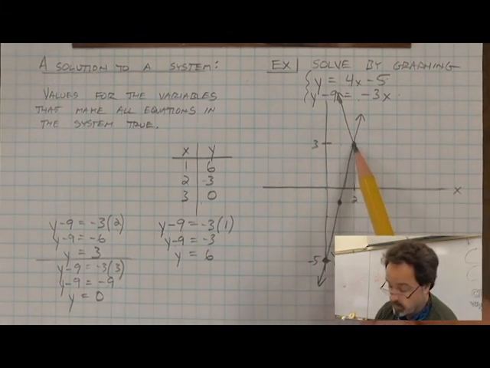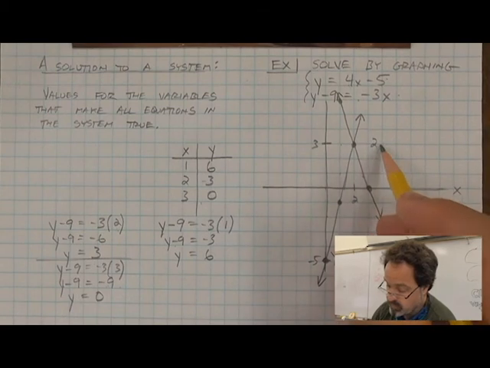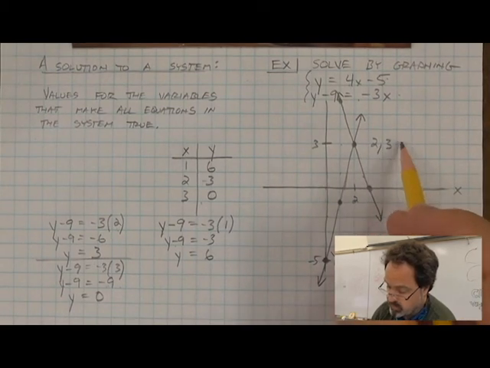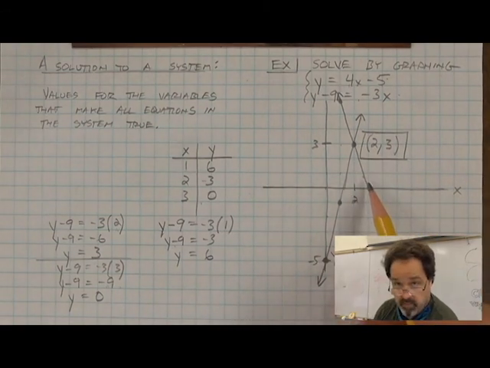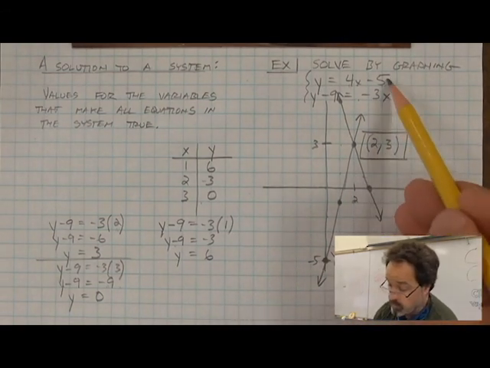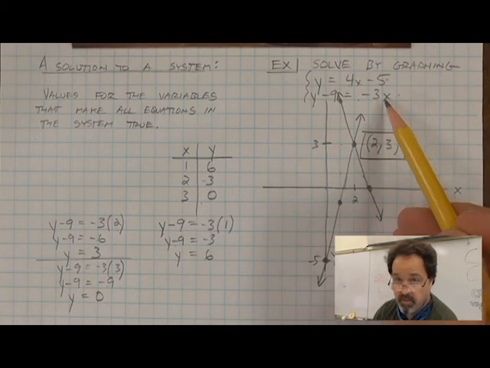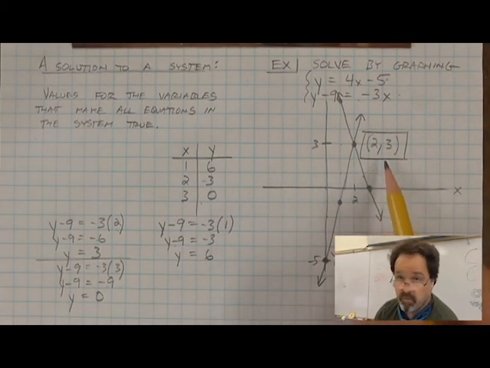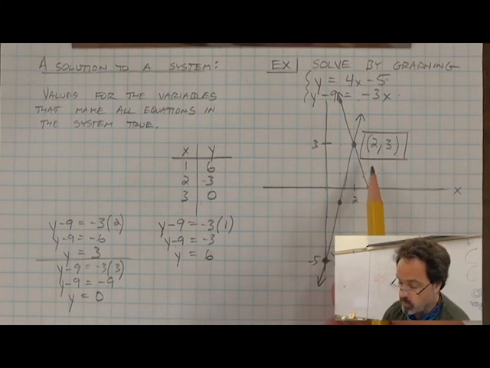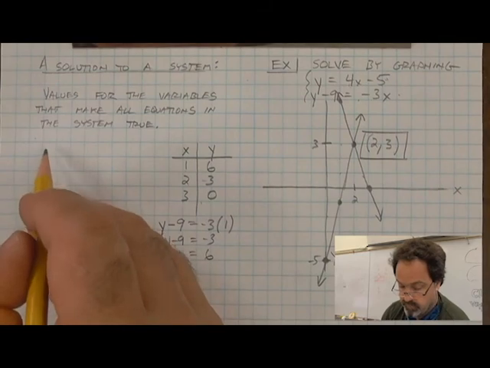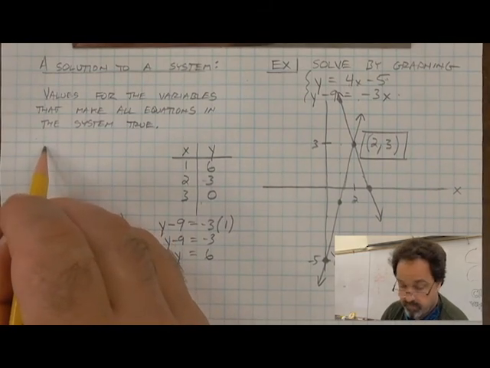So if this coordinate right here, where x is equal to 2 and y is equal to 3, is on both graphs, then it makes both equations true, then its values are a solution to the system. In general, then, we can find a solution to a graph at the points of intersection.